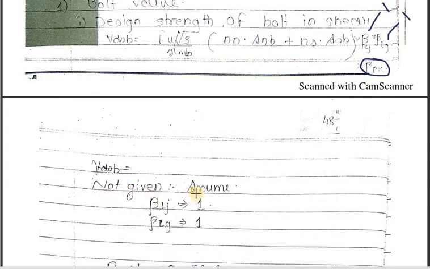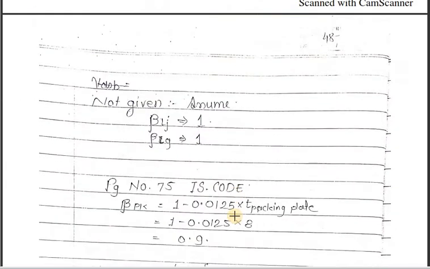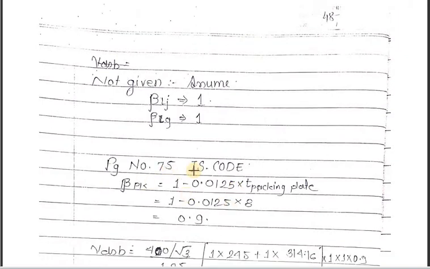Not given, therefore assuming beta Lj and beta Lg as 1, from page number 75 of the IS code, clause 10.3.3.3. So beta Pk, the factor for the packing plate, is 1 minus 0.0125 into thickness of packing plate.